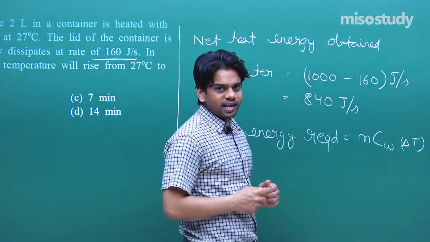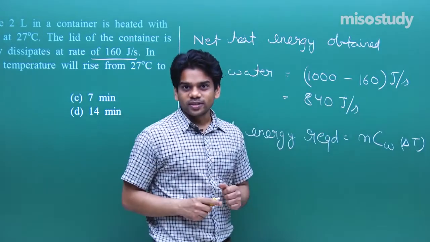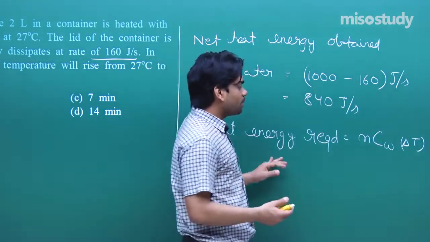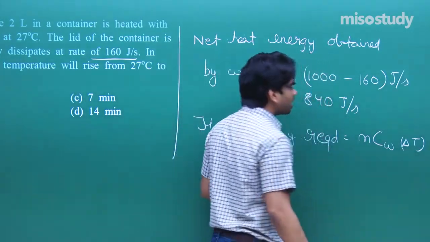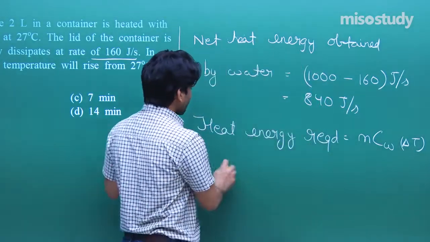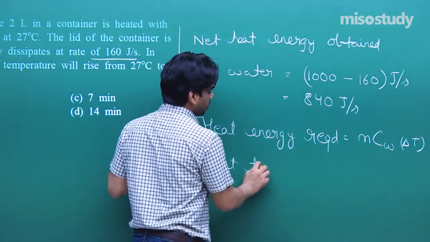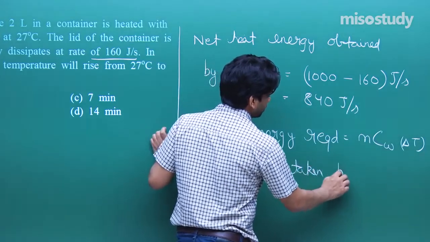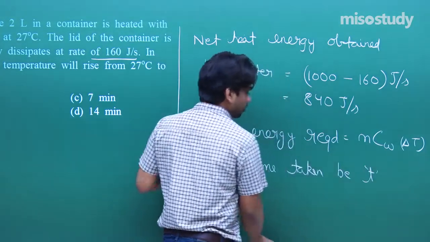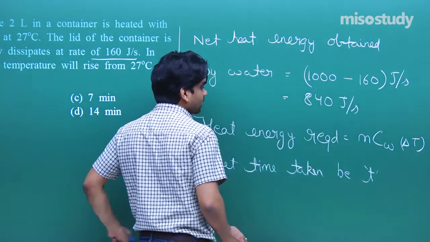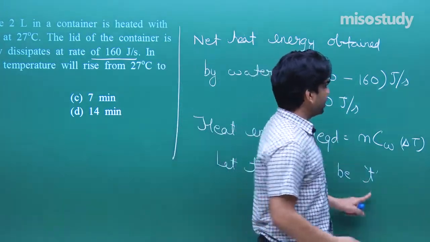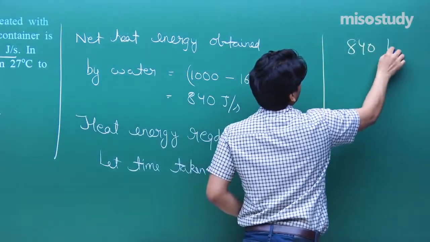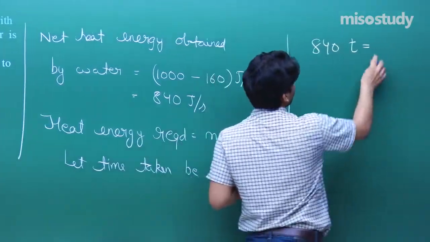Mass is not given directly, but since the volume is given as 2 liters, certainly we can use mass as 2 kg. So keep mass as 2 kg and let the time taken be T. The formula that we shall be using turns out to be 840 into T equal to mcwΔT, because 840 joule per second times T should be equal to mcwΔT.